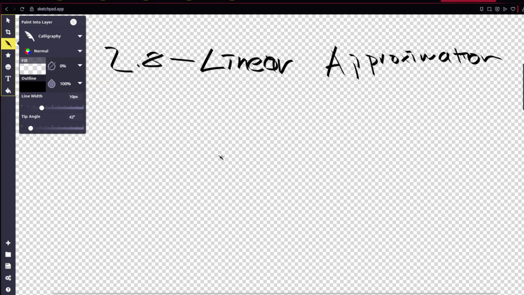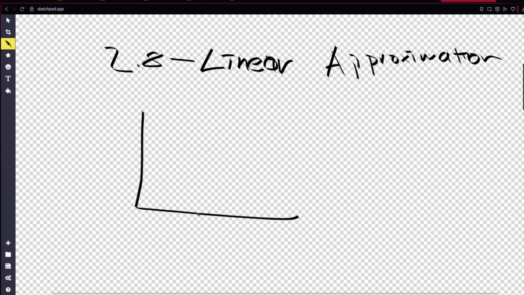Before we start, I'm going to draw a graph here, and let's just draw a curve. I'm going to think of a function to use, maybe a logarithmic function. In fact, why don't I just use a square root x function, which I believe is a little bit more curvy than the logarithmic function, so it doesn't go flat immediately.